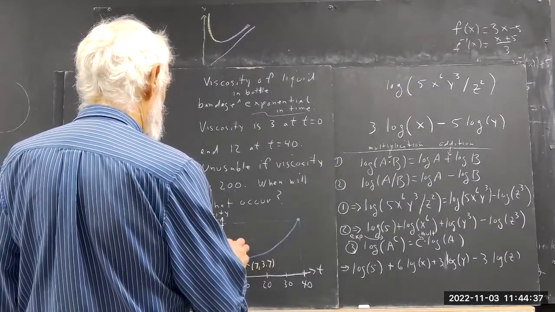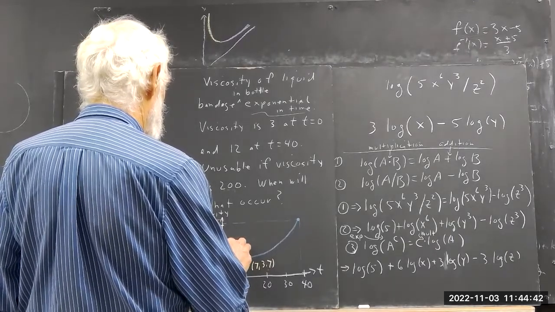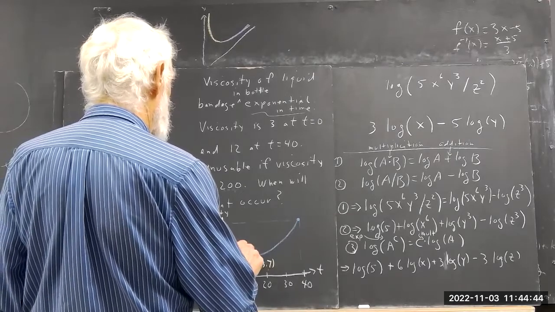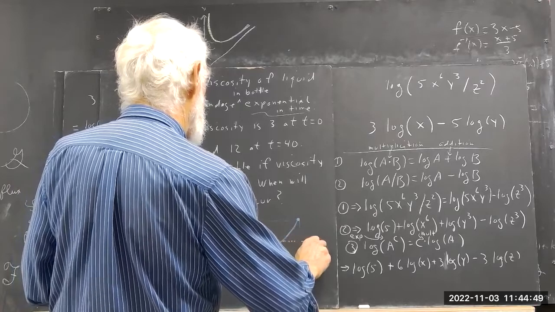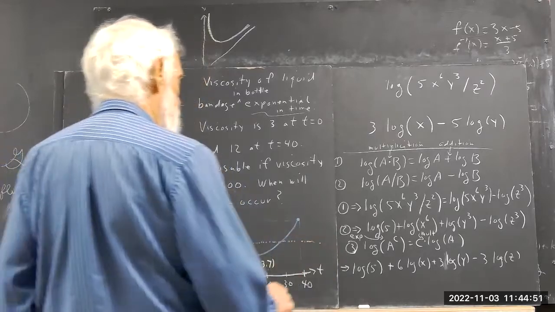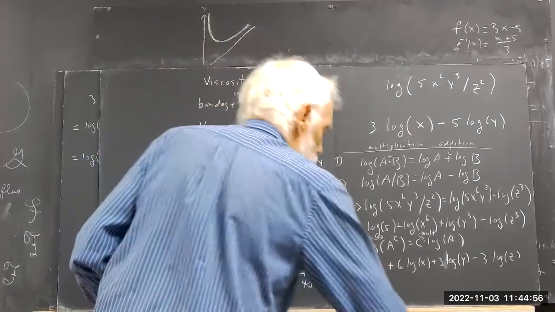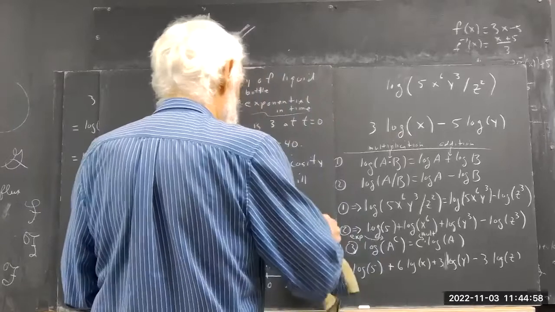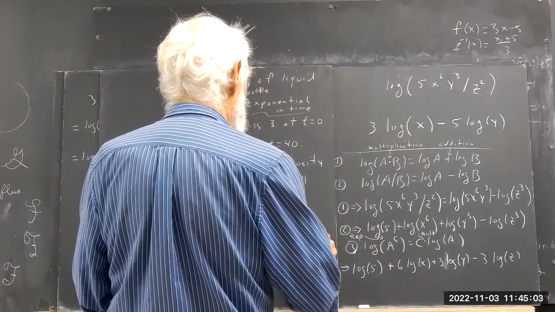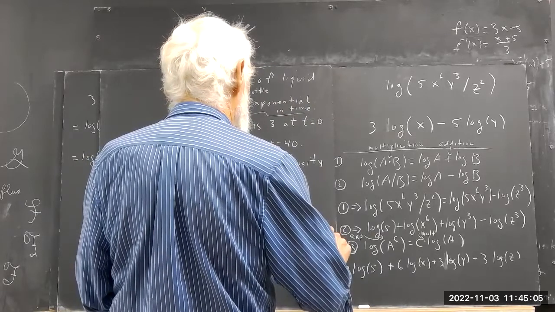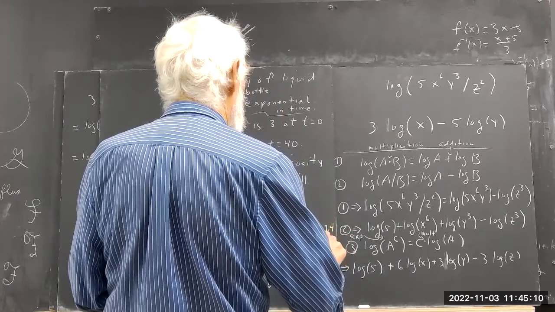I'm going to say 7.4 is about here. So the viscosity is about 7.4 on this line.